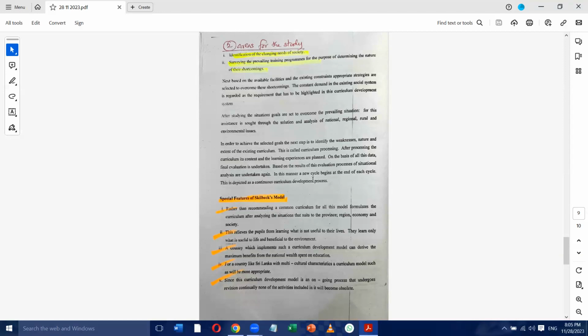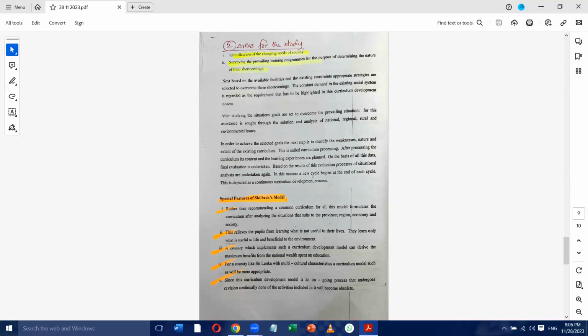Next, this relieves the pupils from learning what is not useful to their life. That's another thing. If the student sees that there's nothing to be done with his present or future life, it's pointless learning something that is unwanted by a student. So we're just putting all the unwanted stuff on the heads of the students.